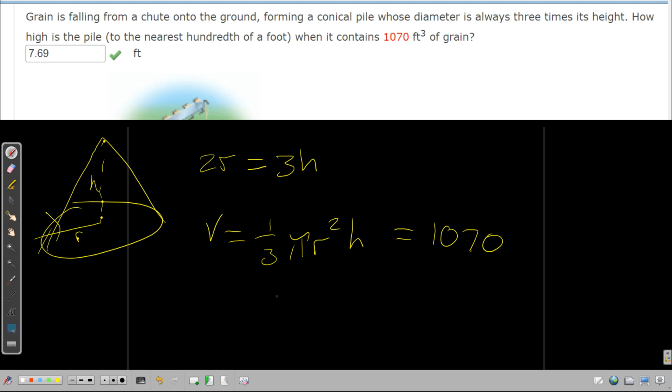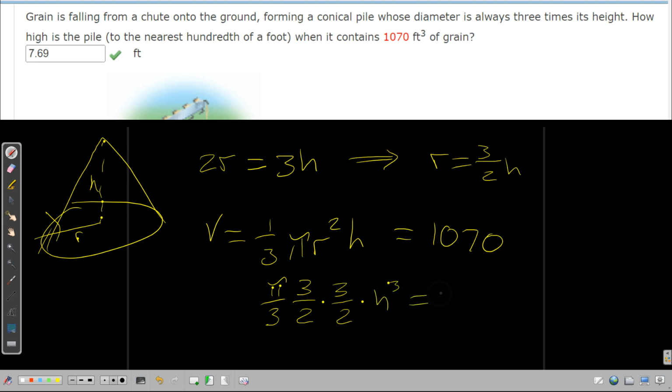And according to this, you have that r is just 3/2 h. So then here you would have pi over 3, and then 3/2 times 3/2 times h squared times h is equal to 1070, and this 3 and this 3 will cancel.